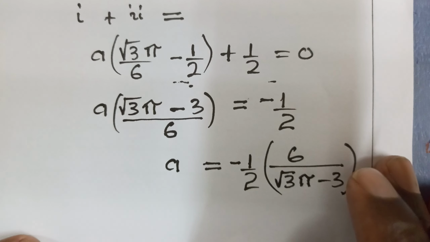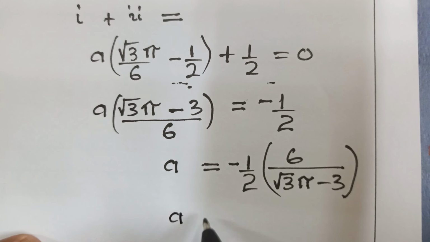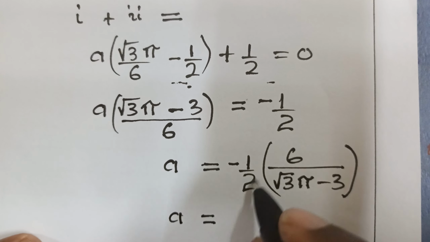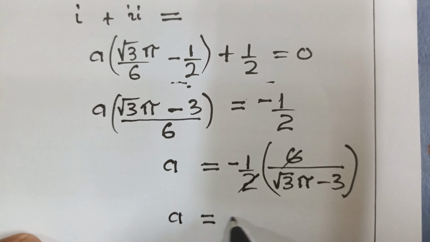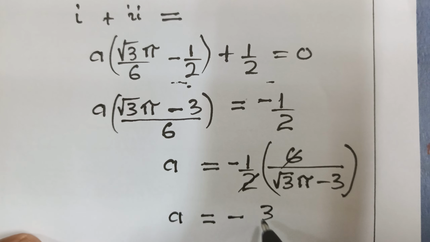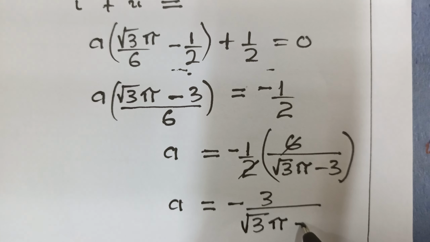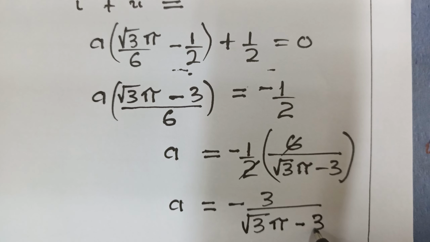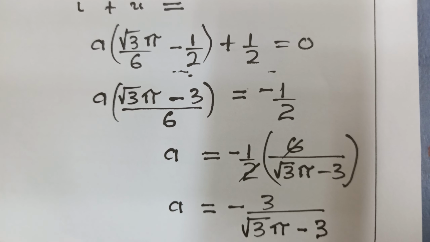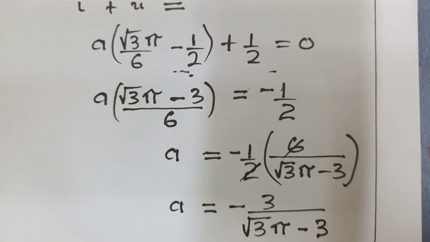And so, guys, this is then going to be a equals to, we can divide there. So we are left with negative 3 all over square root of 3 pi minus 3. So guys, that is our solution.